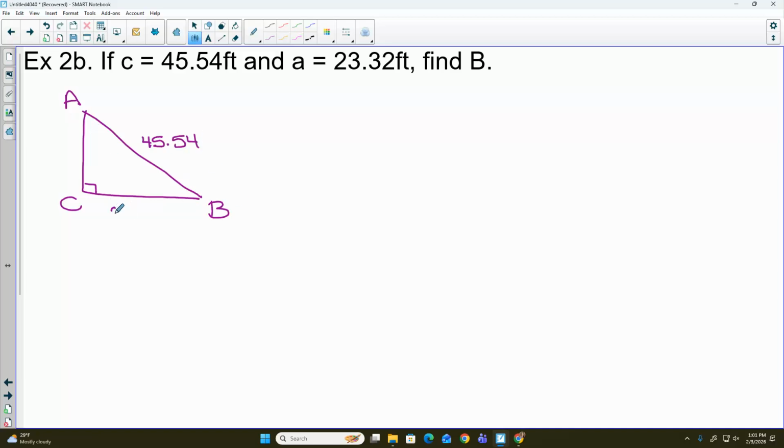Side A, so across from angle A, is 23.32 feet. How would I find angle B?